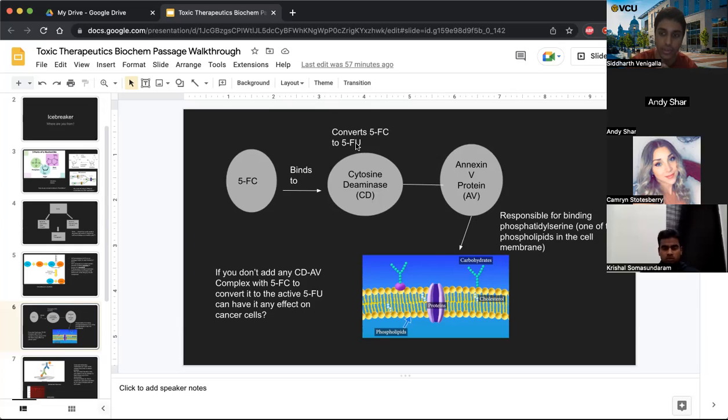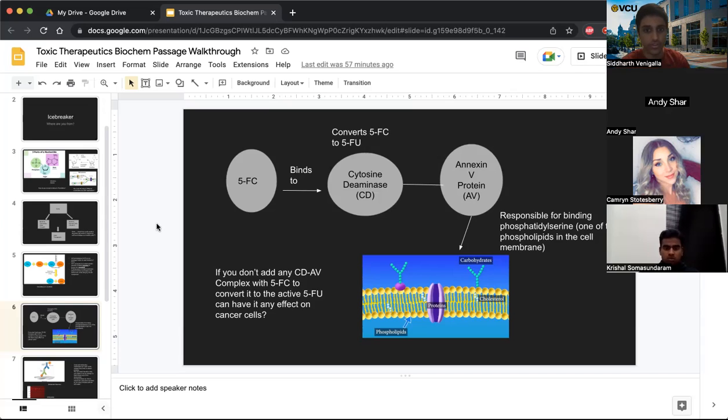If you add 5-FC alone, it's not going to have any effect, because you don't have any CD to convert the 5-FC to the 5-FU form. It's not like 5-FU. 5-FU would kill everything. 5-FC would do nothing.